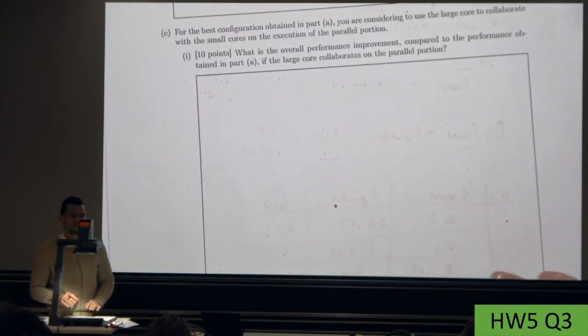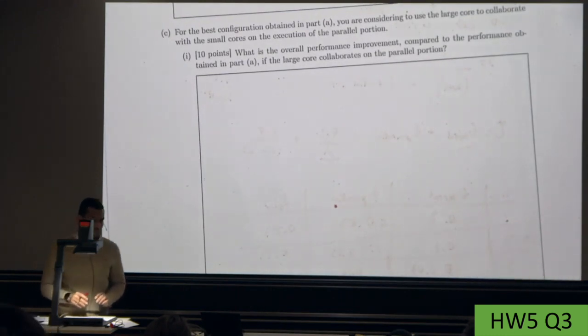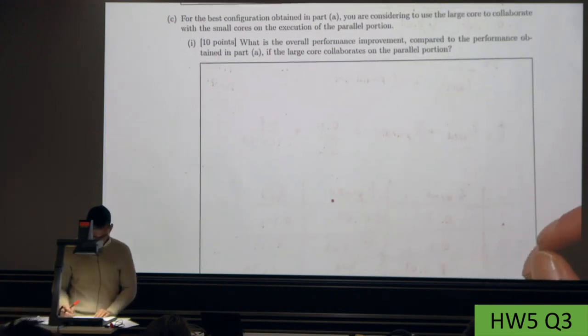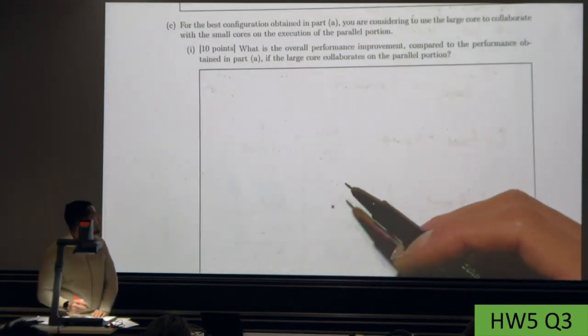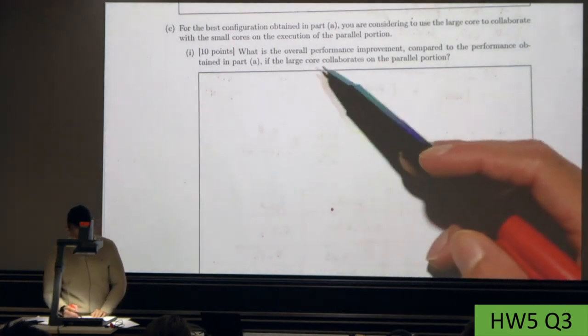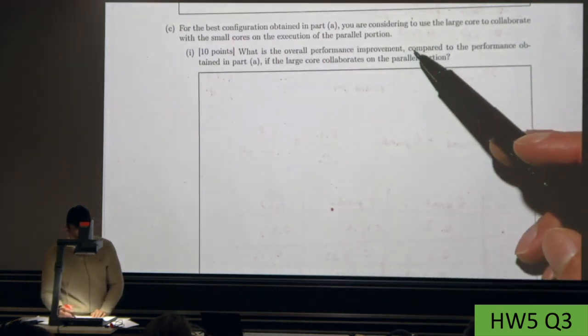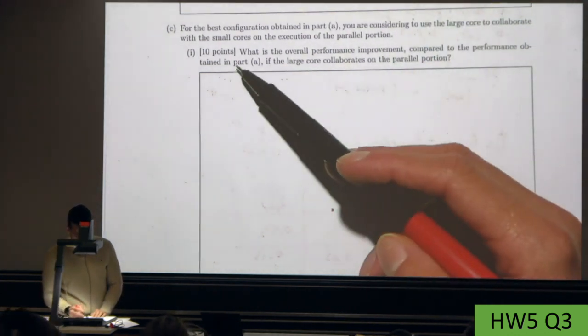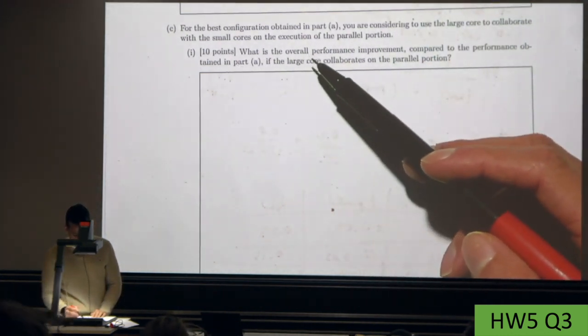Any other question? Okay. So for part C, it says that for the configuration obtained in part A, you are considering using the larger core to collaborate with the small cores on the execution of the parallel portion.